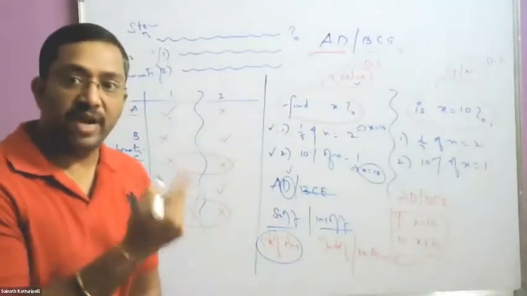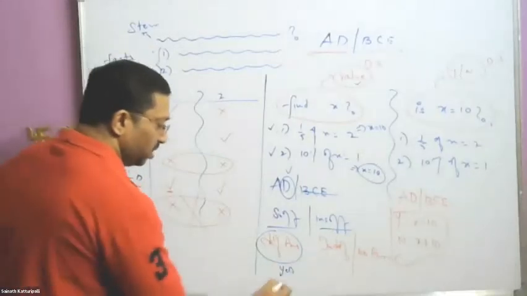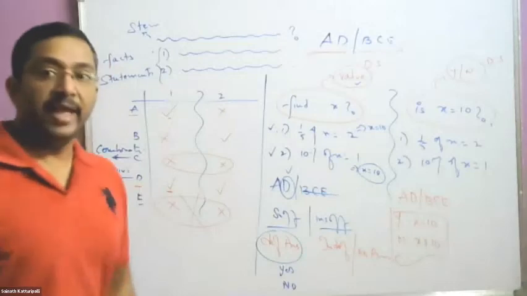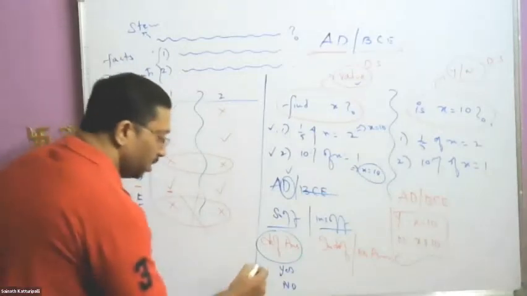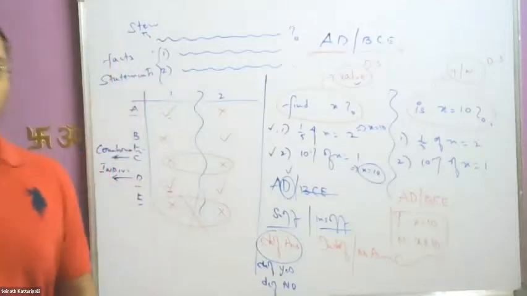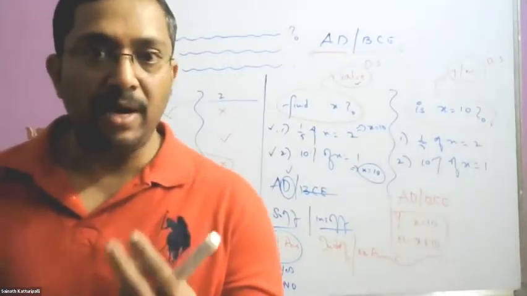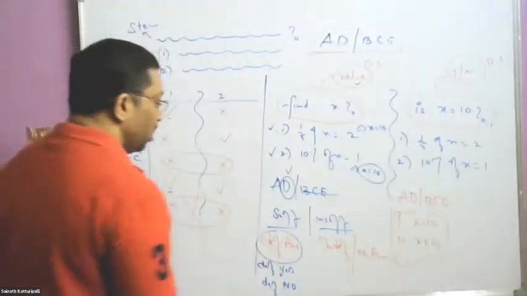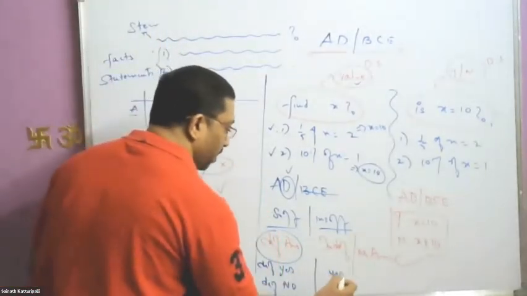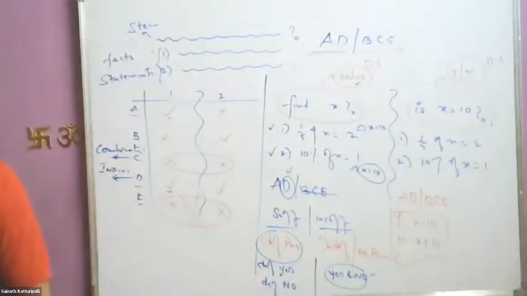Definite का मतलब यहाँ पे एक ही आंसर होनी चाहिए, या तो yes, या तो no. Definite yes होनी चाहिए, नहीं तो definite no होनी चाहिए. Are you getting it? But when you get multiple answers, multiple means yes and no, both answers coming, which is indefinite.